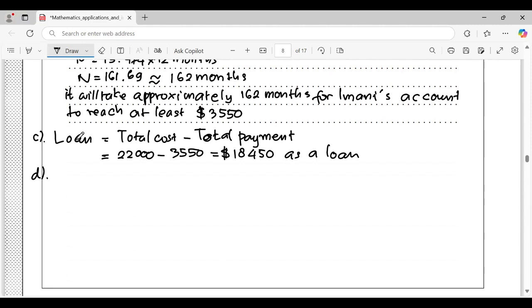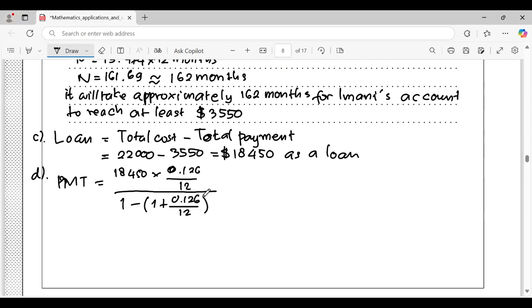So I'm going to use this formula. Per month, she has to pay 18,450 times 0.126 over 12, over 1 minus 1 plus 0.126 over 12 to the power minus 12 times 8, which is 96, from 12 times 8.